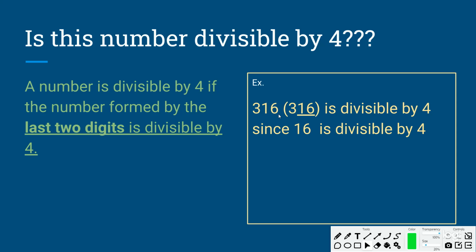So here we have 316. We're going to look at just the last two numbers, which is 16. And since 16 is divisible by 4, we know that 316 then is divisible by 4. So just by looking at the last two numbers, we could decide that the entire number then is divisible by 4.